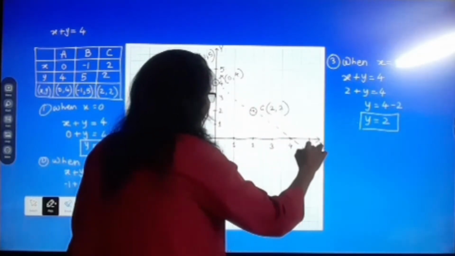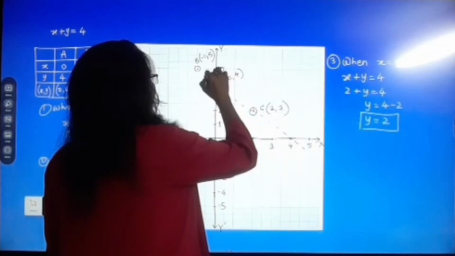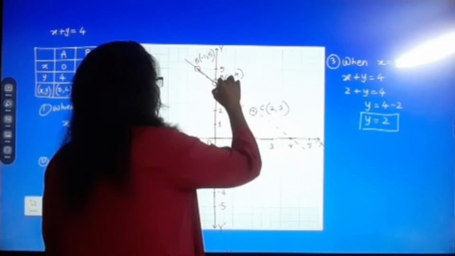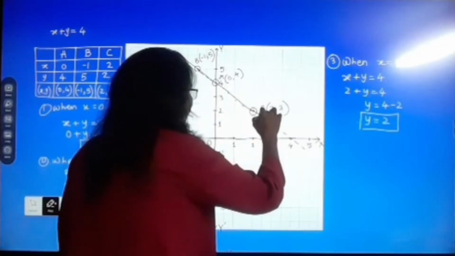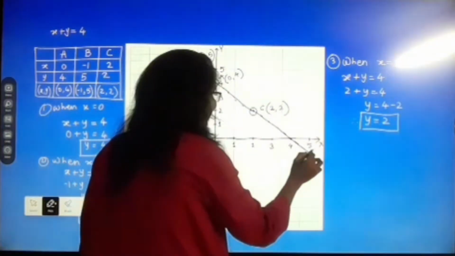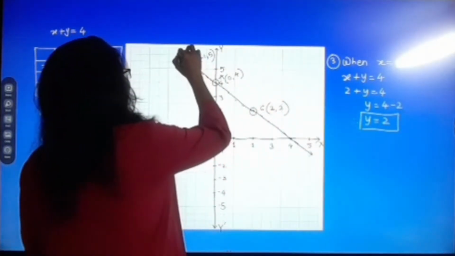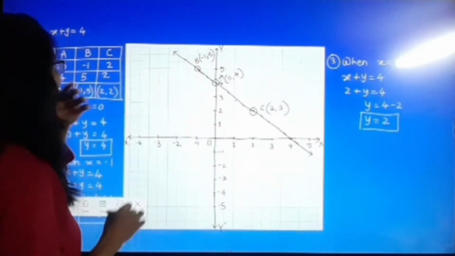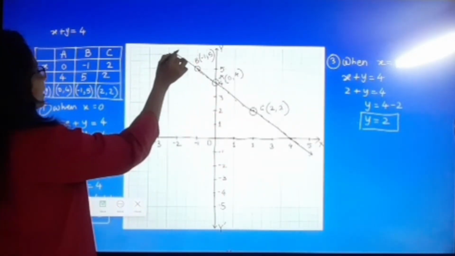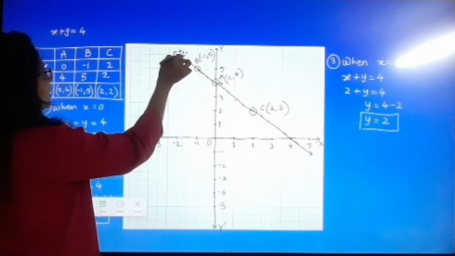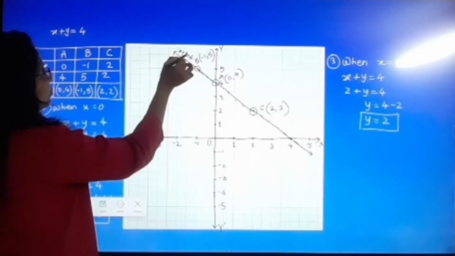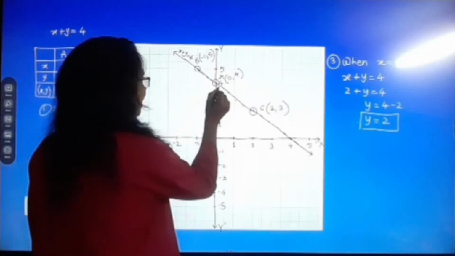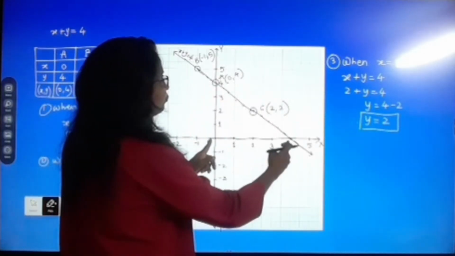Now finally I done it. Okay, this way. And at this end, I write down the equation x plus y is equal to 4. Okay, at the end.